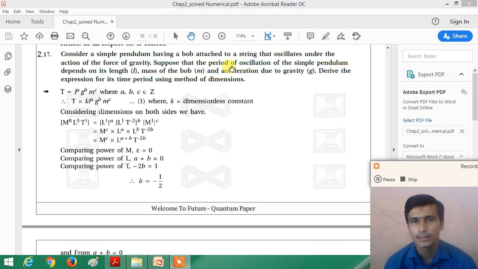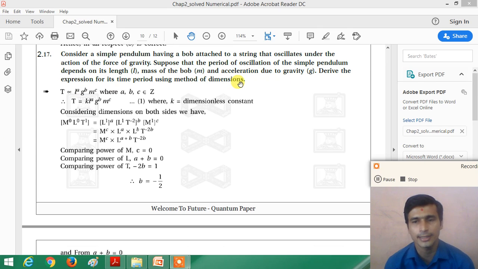Suppose that the period of oscillation of the simple pendulum depends on its length L, mass of the bob m, and acceleration due to gravity g. Derive the expression for its time period using the method of dimensional analysis.